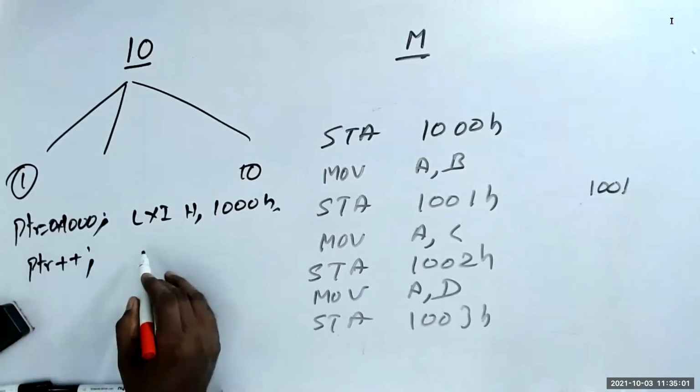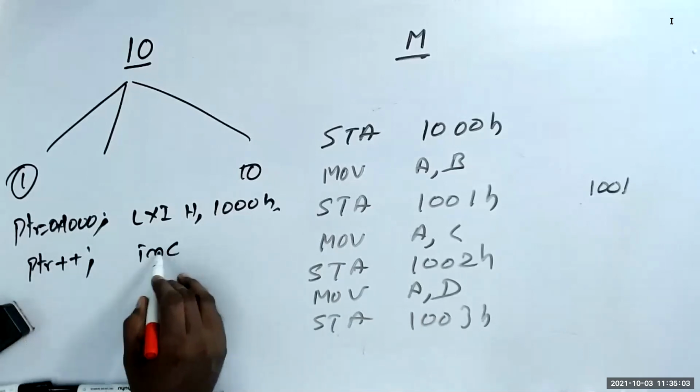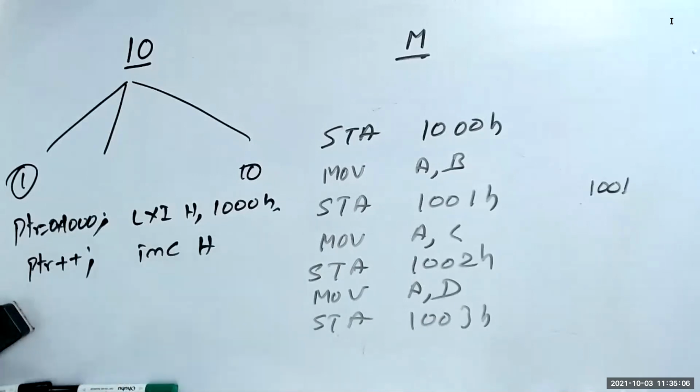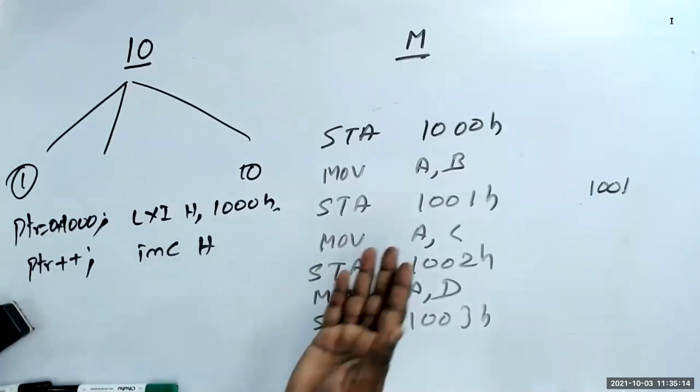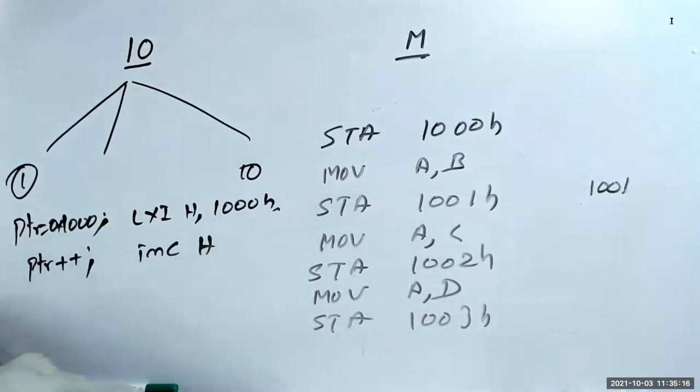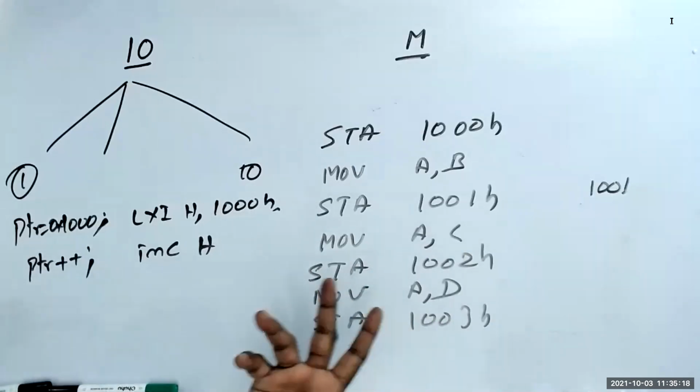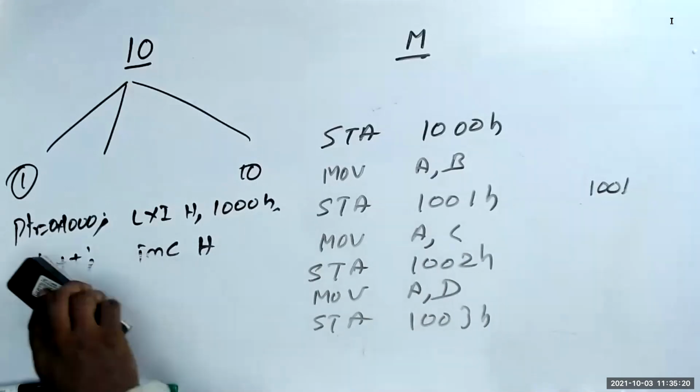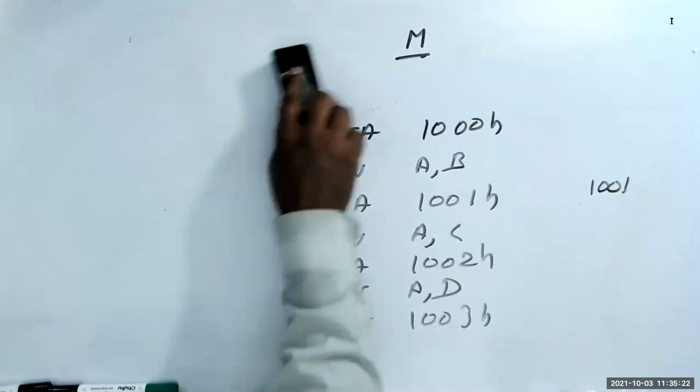Here it is increment H. Both are the same. If you go and see the instructions in 8086 or 8088, you will find the same things. Nothing great.